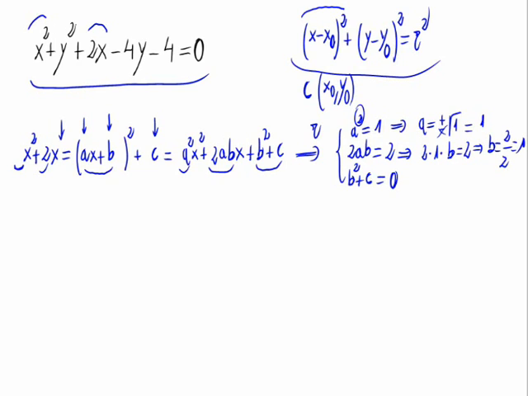From the last equation, as b is 1, it is 1 squared plus c equals 0. So c is minus 1. So this way, x squared plus 2x is the same as (x plus 1) squared minus 1.